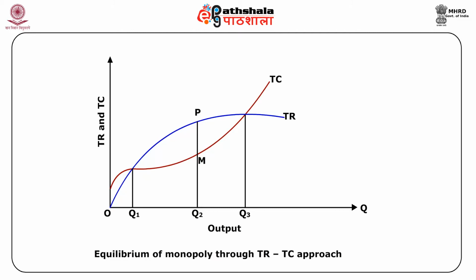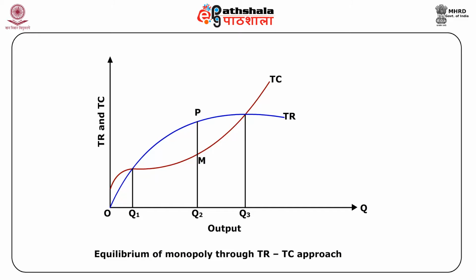Similarly, from the demand curve, we can get a revenue function by multiplying it with price, and when we plot it, we get the TR curve. As represented in the figure, till OQ1 and after OQ3, the monopolistic firm faces loss as its TC is greater than TR.